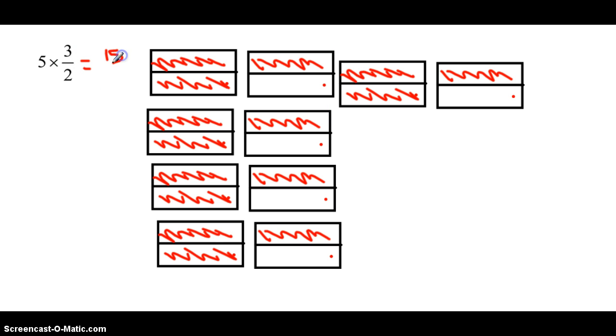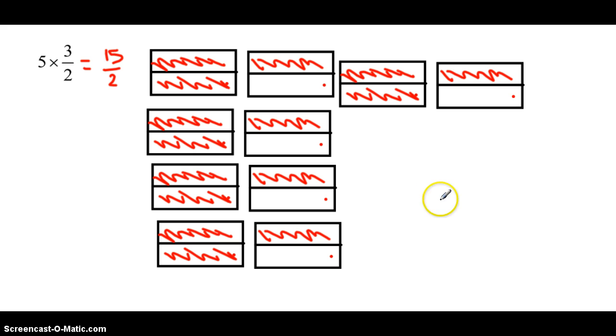But again, I'd want to show students that this is 3 halves plus 3 halves plus 3 halves plus 3 halves and so on, all the way up until I get my 15 halves. The nice thing about that is it counteracts that common student misconception that when I add fractions, I add the numerators and then I add the denominators, and so they get some ridiculous answers.